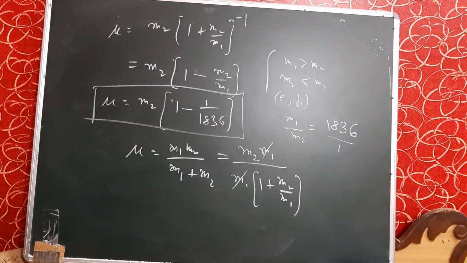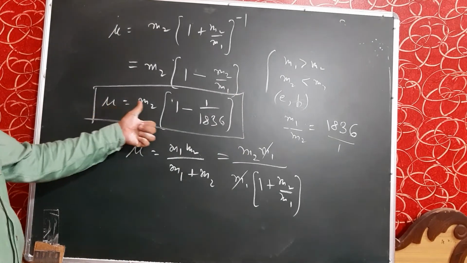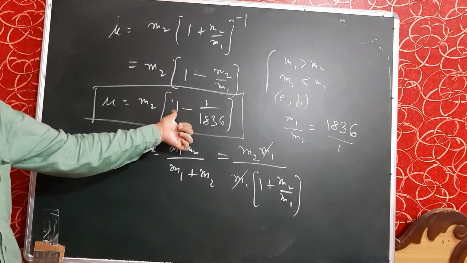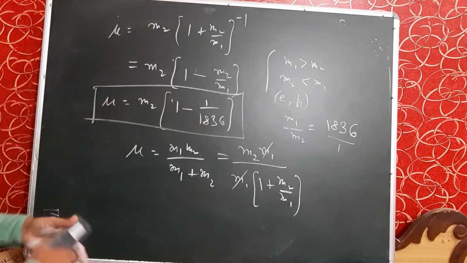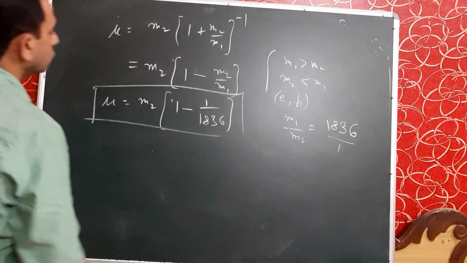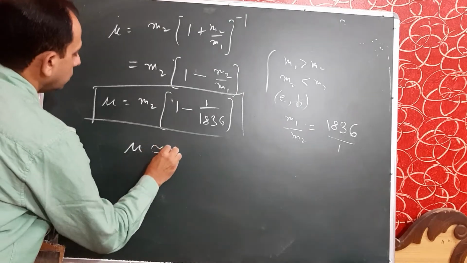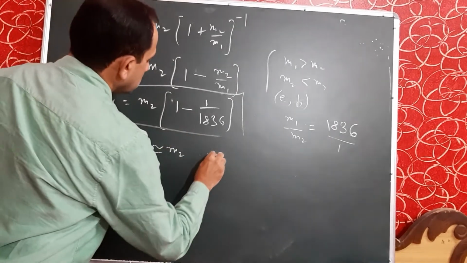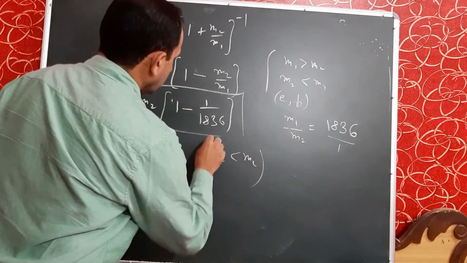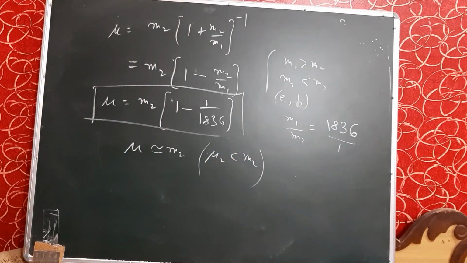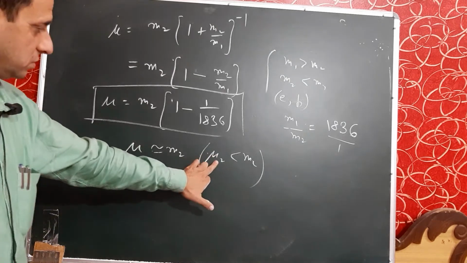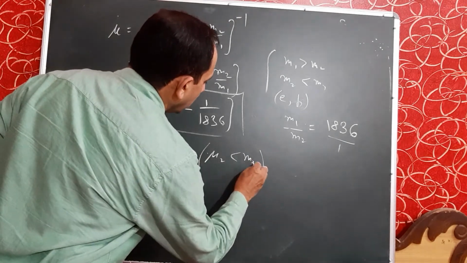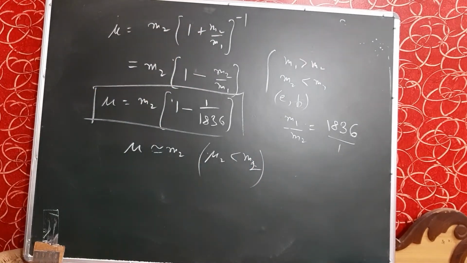So what is the effect? μ = m2 (1 - a very, very small number), so it becomes 1 - 0, that is 1. So μ is approximately equal to m2, or even slightly less than m2. From here it is clear that the reduced mass is less than the mass of the lighter particle, because m2 is the mass of the electron, the lighter particle.